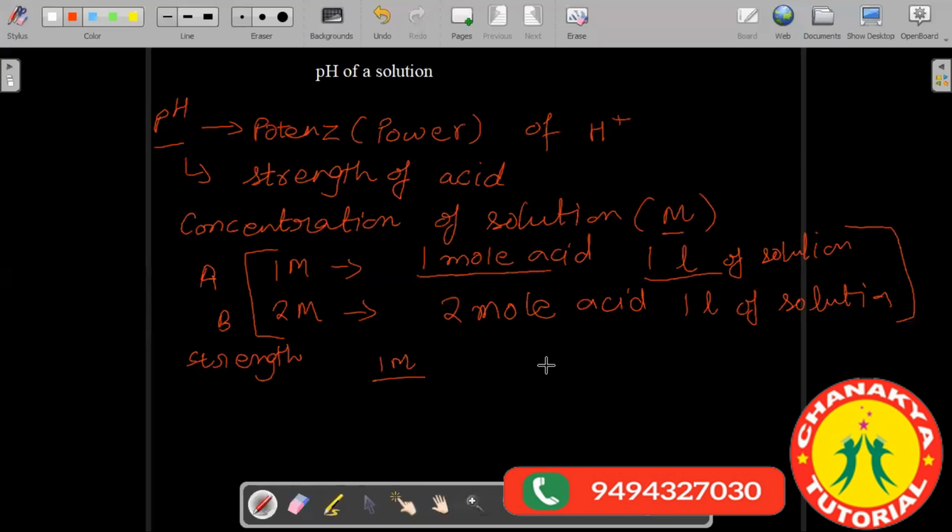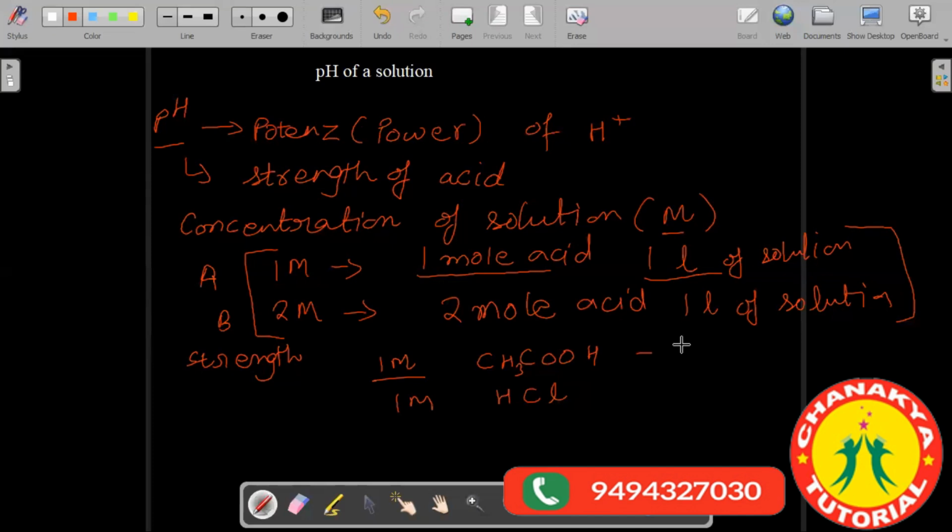Let us say I'm taking 1 molar ethanoic acid, CH3COOH, and I'm also taking 1 molar hydrochloric acid, HCl.